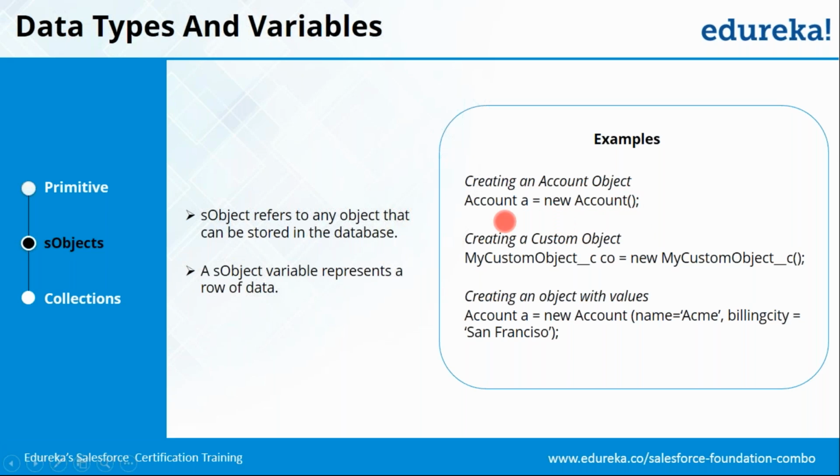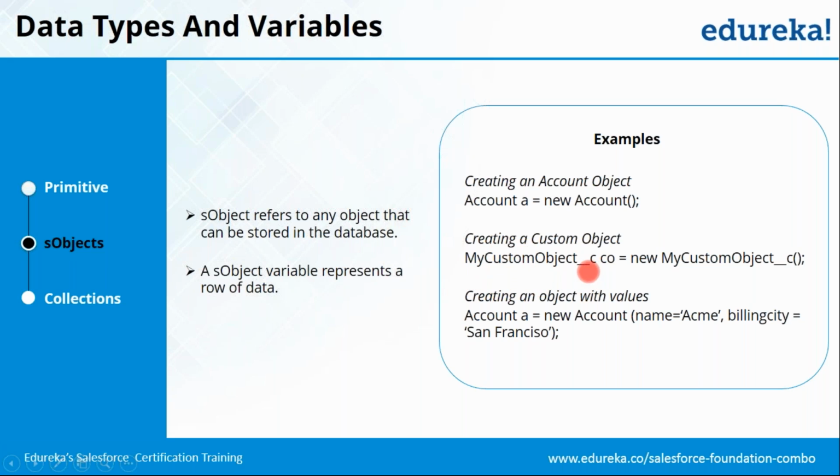That's simple. Creating a custom object, if you want to create your own object using Salesforce, using the declarative way by going to force.com, is very simple. Under build, you have the option of create, and under create you have the option to create new custom objects. But if you want to do it in the programmatic way through Apex, then you can give this syntax.